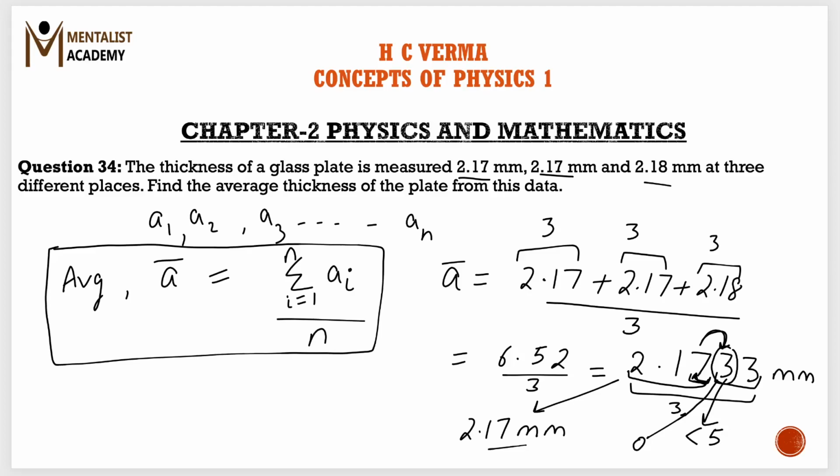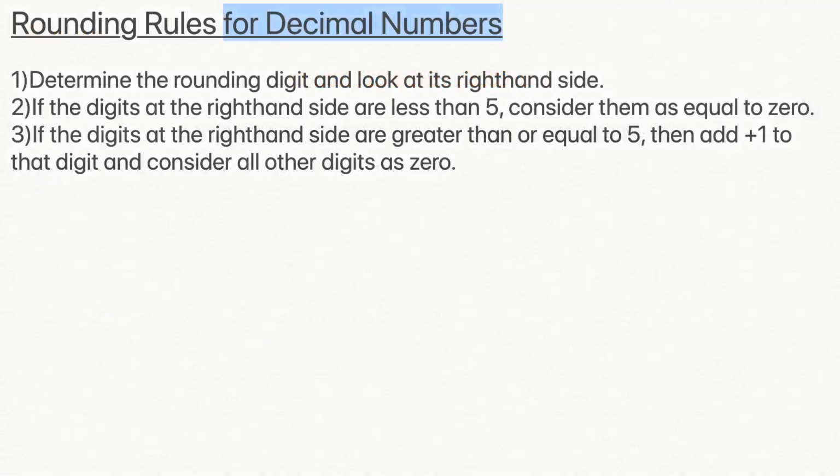Now suppose our answer was 2.176. Suppose this was the answer which we obtained. Now according to the third rule, if the digit at the right hand side is greater than or equal to 5, then add 1 to the rounding digit and consider all other digits as 0.